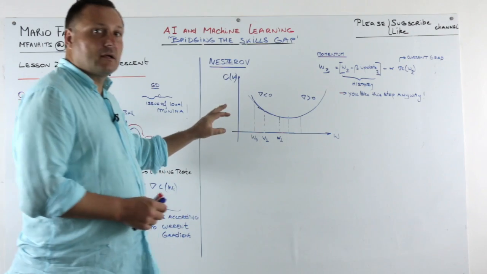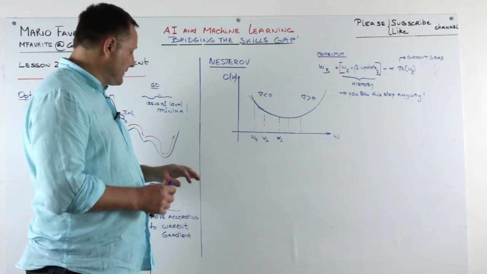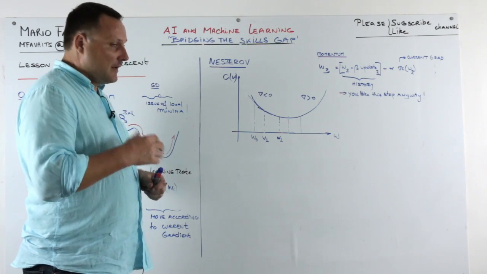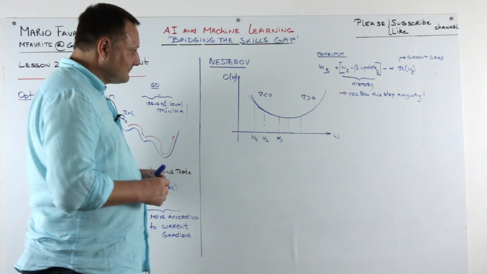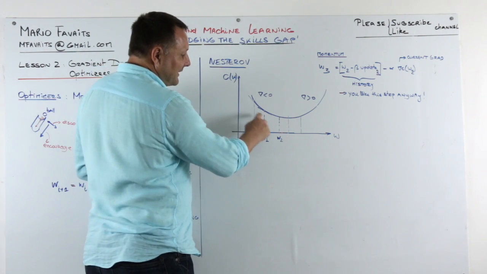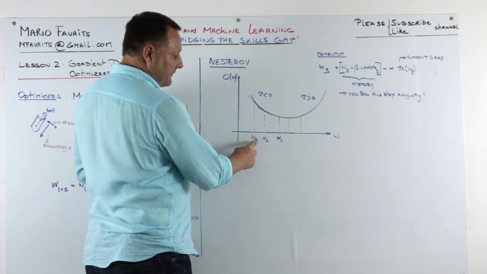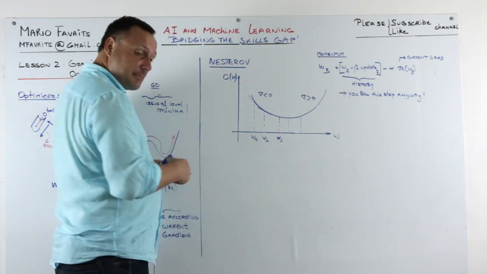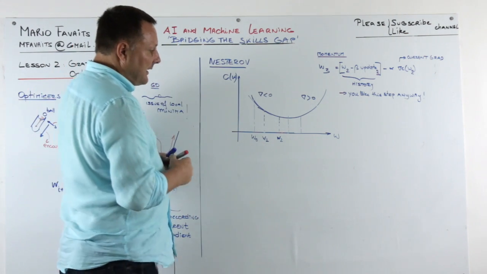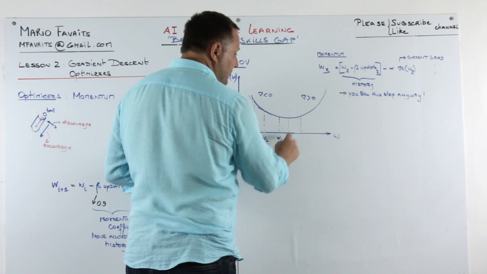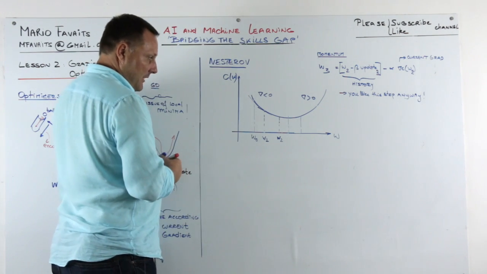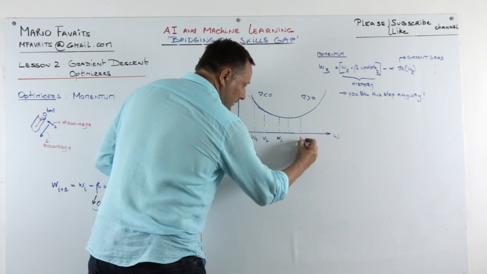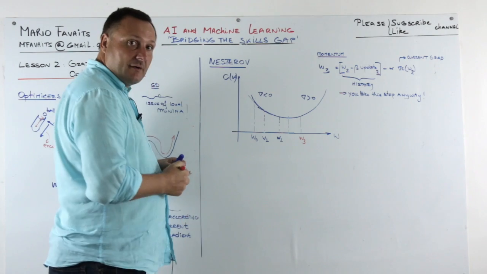Alright, let us now take a look at Nesterov, which is a variant of momentum, but it makes a lot of sense. So basically you do your gradient descent update rule, you go from W0 to W1, W2, you take a bigger step up because of the momentum, and at a certain point you're close to the minimum. And this point would be your W3.